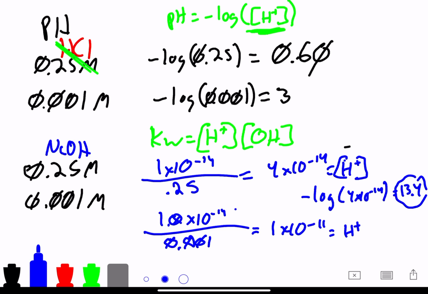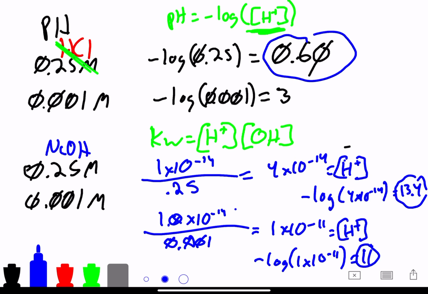This is equal to the concentration of H plus again. So now to find the pH, all we do is take the opposite of log of 1 times 10 to the negative 11th. And the pH of this one is going to be equal to 11. So there are your pHs for all those solutions. And it's easy to find because they are strong acids and strong bases here.